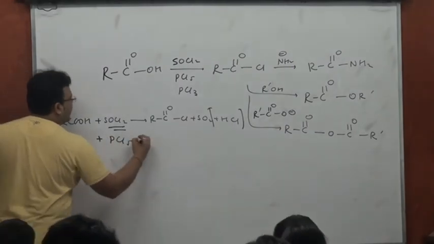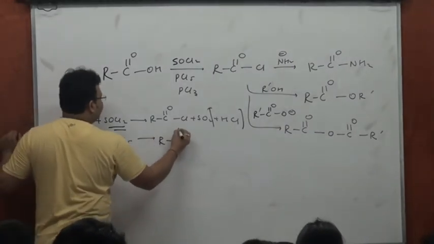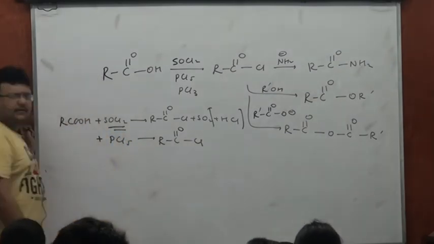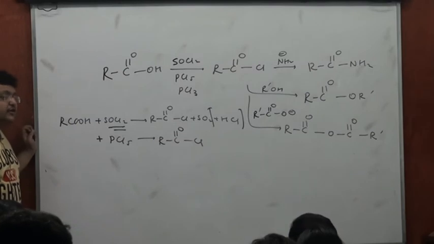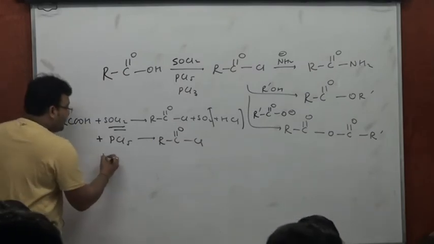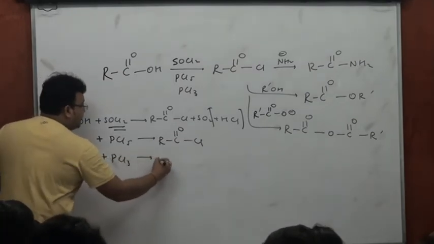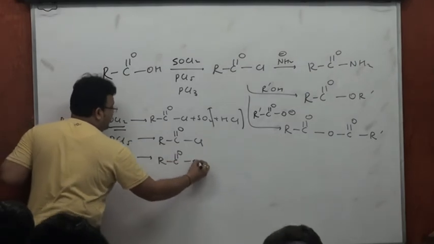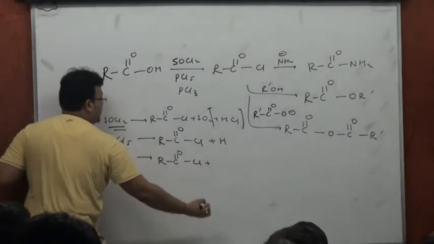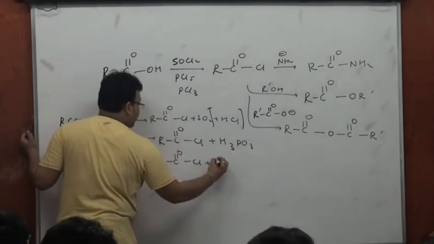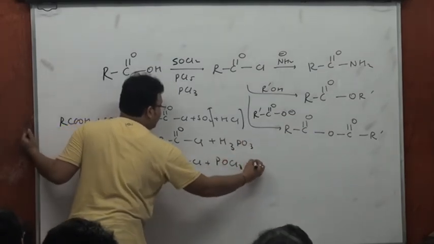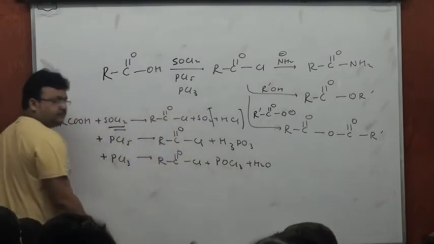With PCl5 along with RCOCl, what is the principal byproduct? POCl3. With PCl3, what is the byproduct? H3PO3. Here you get POCl3, and with PCl3 you get H3PO3 and HCl.